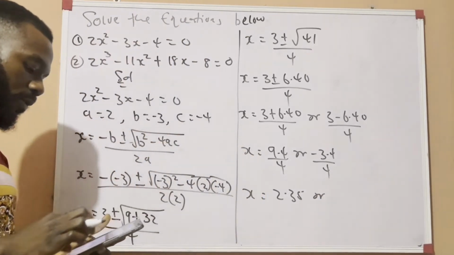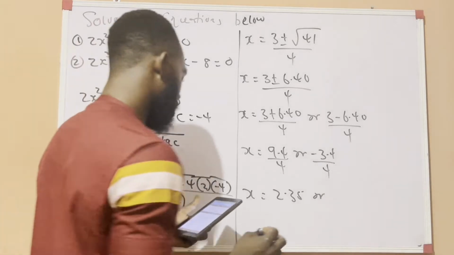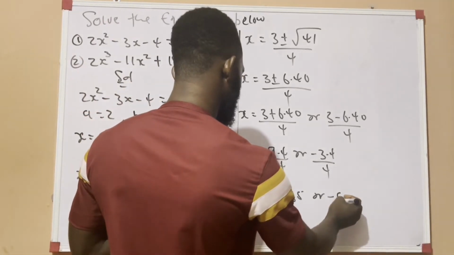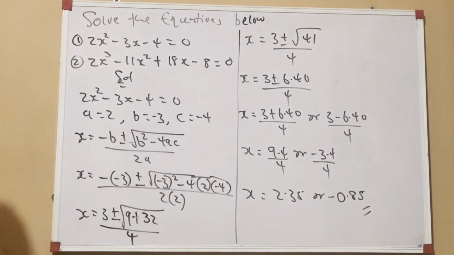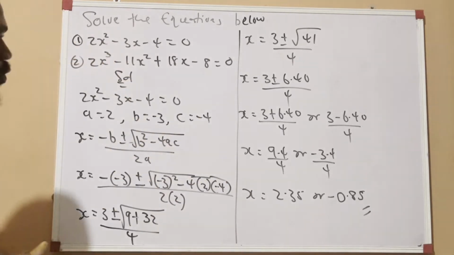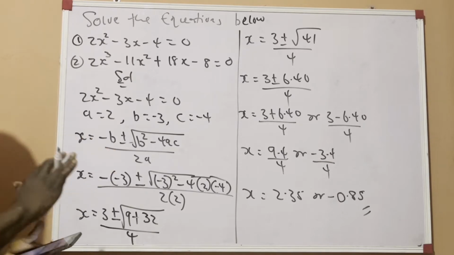And if we have minus 3.4 divided by 4, we are going to get minus 0.85. So these are the values for the quadratic equation 2x squared minus 3x minus 4 equal to 0. It is as simple as this.